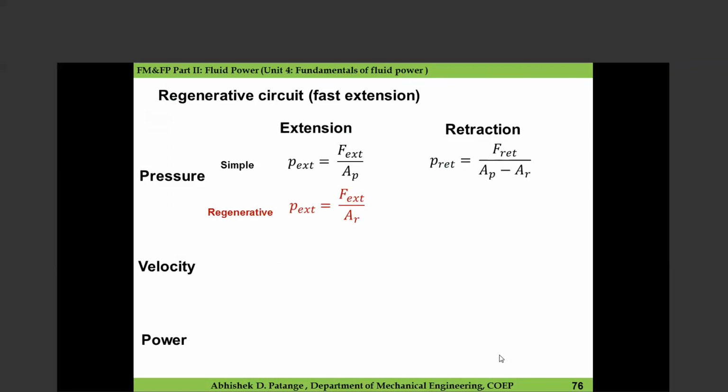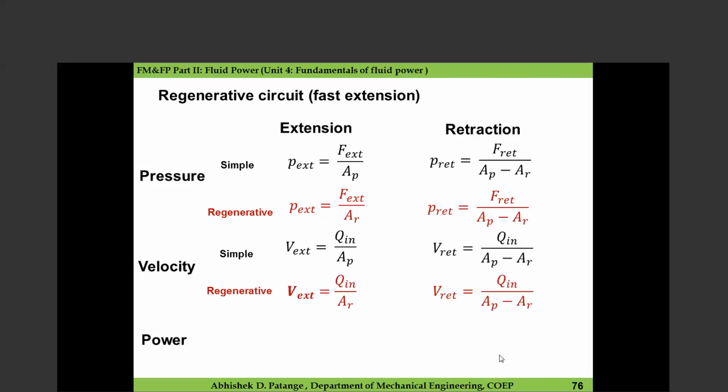Retraction pressure for simple and regenerative circuits will be the same. Now velocity of extension for a simple cylinder depends on discharge of pump divided by area of piston, whereas for the regenerative circuit velocity of extension depends on discharge of pump divided by area of connecting rod only, because we are regenerating it.